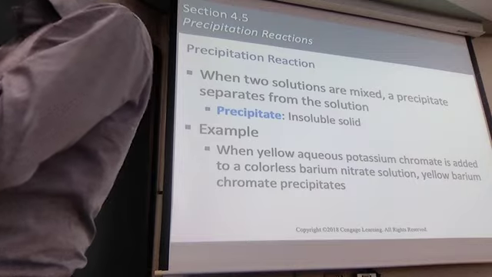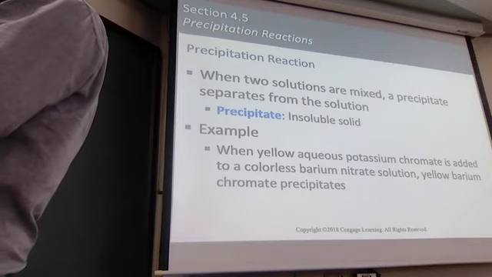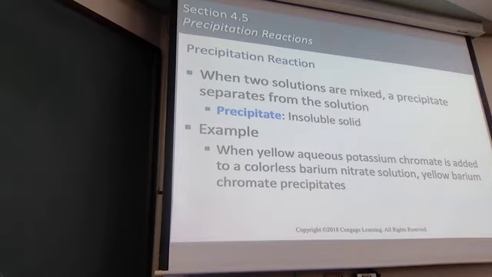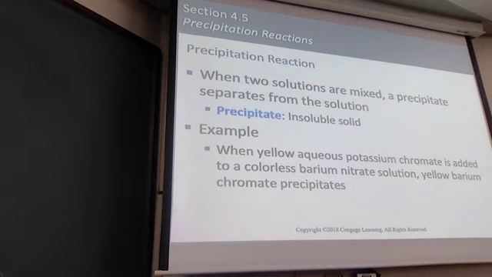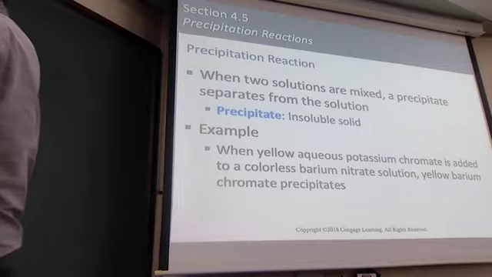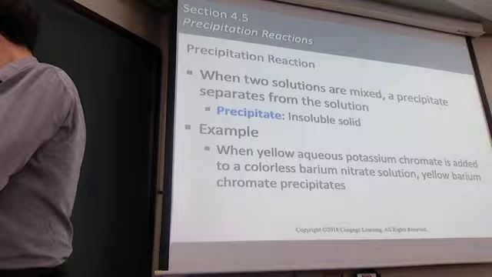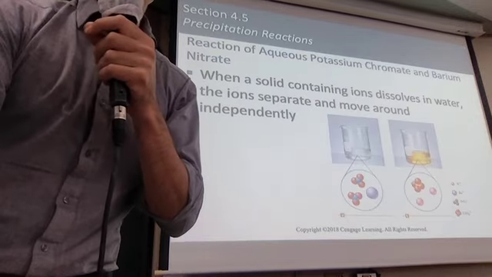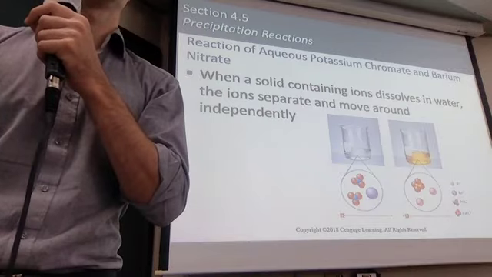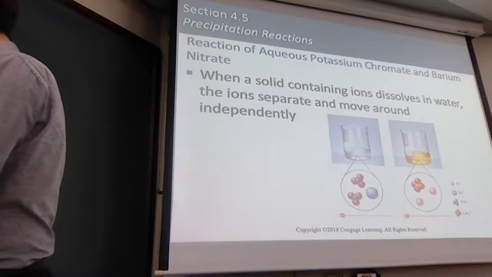And then before you had barium nitrate, so this was here, barium and nitrate. And this was potassium chromate, CrO4 with a charge, right?